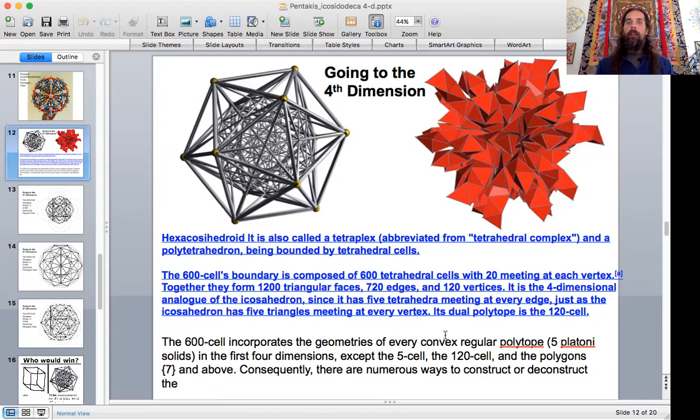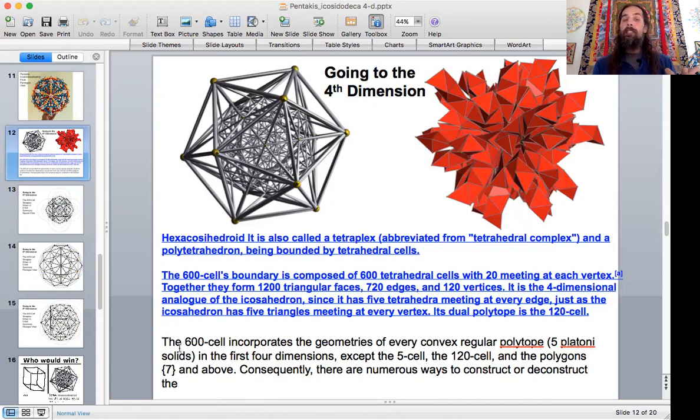So this is the important thing about this 600 cell, and why it matters in the expansion of our consciousness in relationship to sacred geometry. It's related to sacred geometry because I can draw this now in 3 different views that are all the same. So this is a drawing that we can incorporate into our design pattern language, and it's also communicating about the fourth dimension.